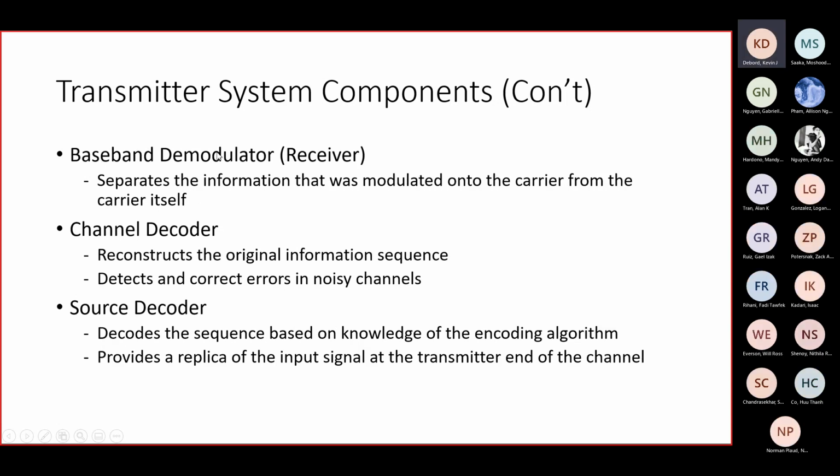What that does is it takes our small addresses and separates them, and blows them back up into our original signal, or as close as it can be, and the decoder will reconstruct it. It can detect and correct errors in noisy channels. And then the source decoder will decode the sequence back into a replica of the input signal.